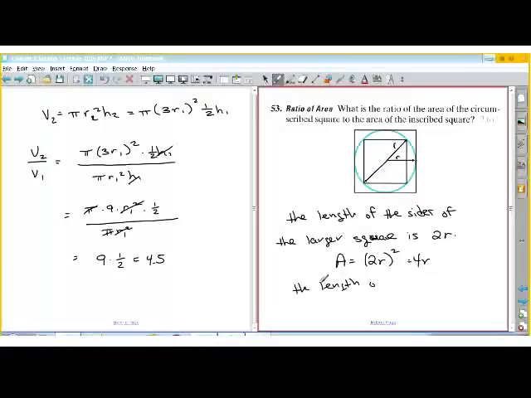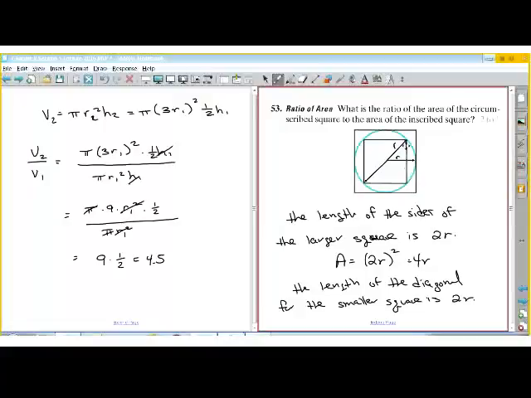So we'll say the length of the diagonal for the smaller square is 2r.